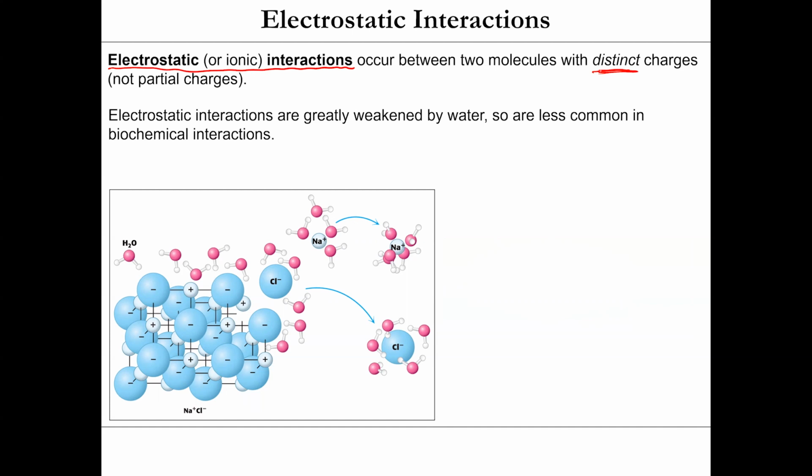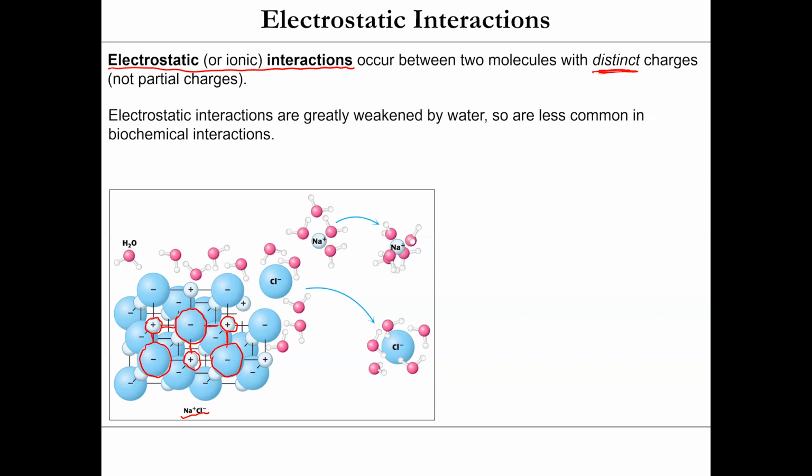Here's an example of just table salt, sodium chloride. The sodium atoms have a complete positive charge, and the chloride ions have a negative charge. And so the electrostatic interaction is the interaction between these two molecules.